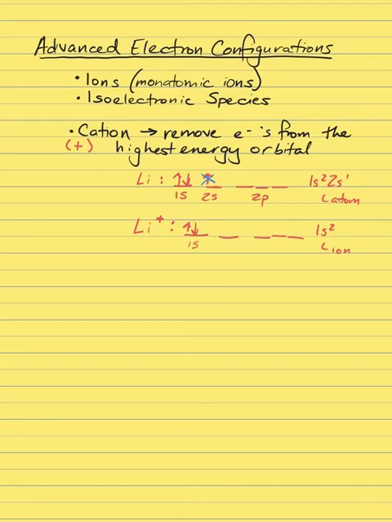Anions do the opposite, right? Anions gain electrons. So we're going to add electrons to the next available orbital spot.